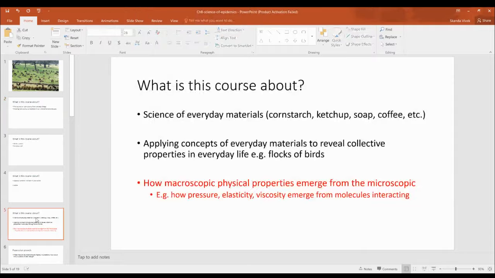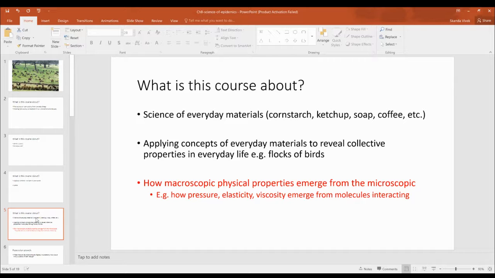And also, basically kind of breaking it down. So the course is called Science of Everyday Materials, right? And so we started first with just some common materials like cornstarch, ketchup, soap, and coffee. And then after that, once we learned the science of some common everyday materials, like how things are not just liquid or solid, they're kind of mixed, we also figured out, in the recent chapter, that these concepts can help us understand collective properties, like flocks of birds, right?